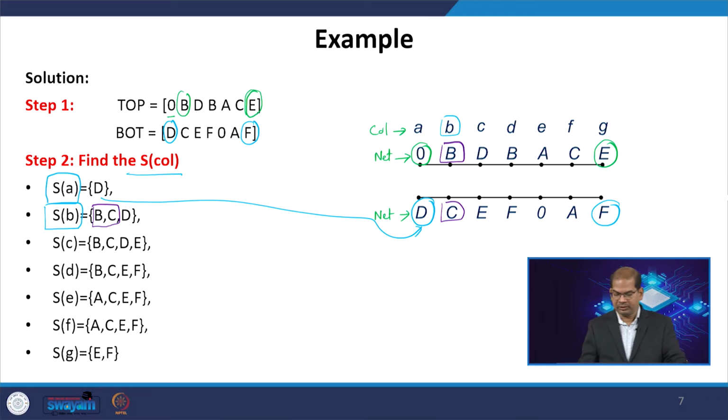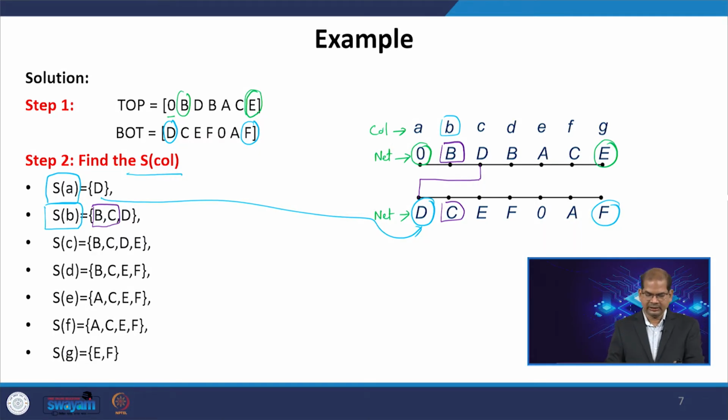Why should D be there? Because this D net will pass through this column to connect with this B net. So, D will also be included when we are calculating S of B. Then we can calculate S of C, S of D, like that for all the columns.